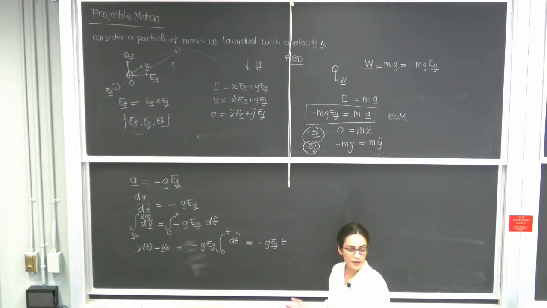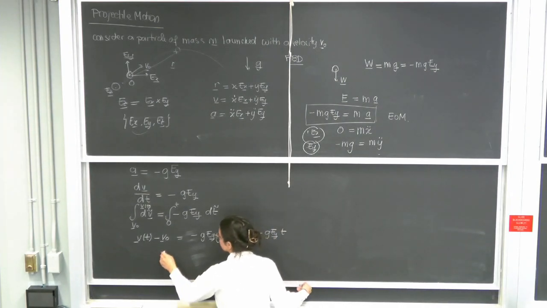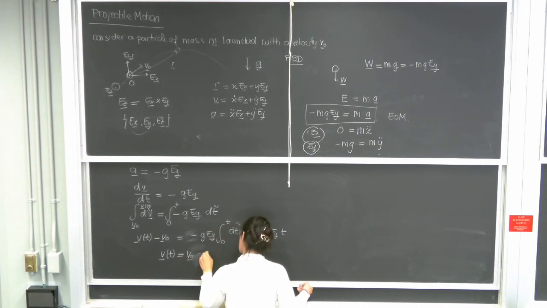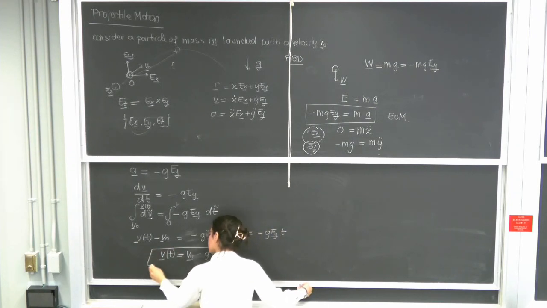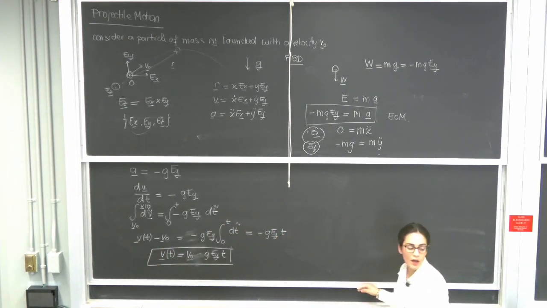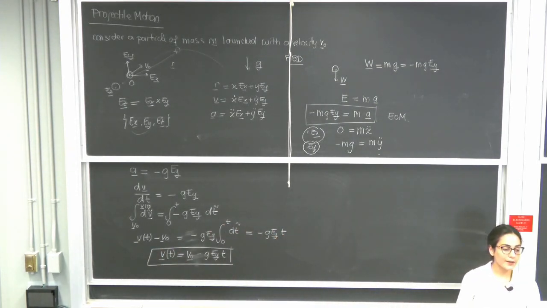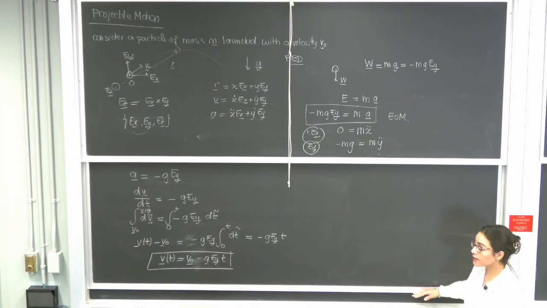Does that make sense? So now I have that v of t is equal to v0 minus g ey times t. That's the velocity of the particle as a function of time. Okay? And I can integrate one more time to solve for the position vector as a function of time.